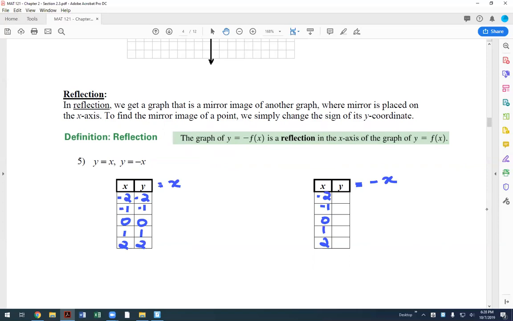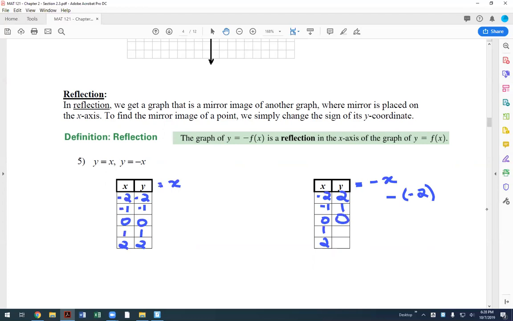Just the sign. Switch the signs, because technically I am taking negative of the x value, and my x value happens to be a negative number also, right? So the two negatives will make it into a positive, which will make this into a positive also. 0, of course, takes no sign.